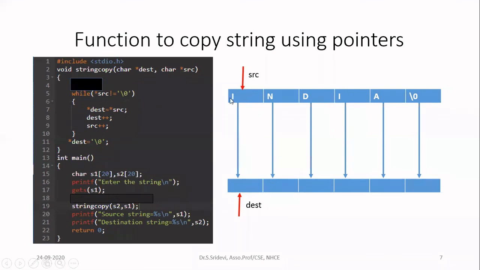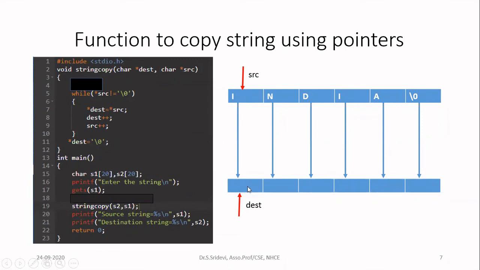If this star SRC is not equal to null, I have to copy that in destination. So first I am taking star SRC. SRC is going to give me the address. Star SRC is going to give me the value at the address. If that is not equal to null, I have to store the value I in this memory as a value.